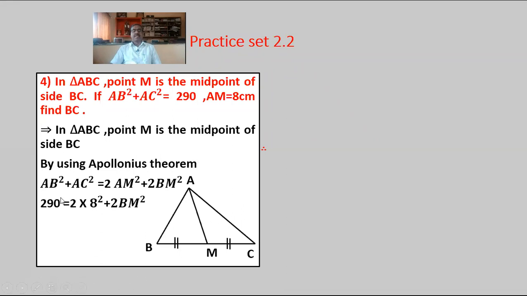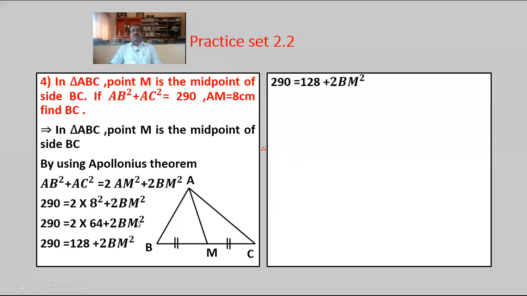Substitute the values. AB square plus AC square is 290, equal to 2 multiplied by AM, which is 8, square, plus 2BM square. 290 is equal to 2 multiplied by 8 square, that is 64, plus 2BM square. 290 is equal to 2 multiplied by 64, that is 128, plus 2BM square. 128 goes to the LHS side, then we get 2BM square is equal to 290 minus 128 is equal to 162. 2 goes to the other side as divide.